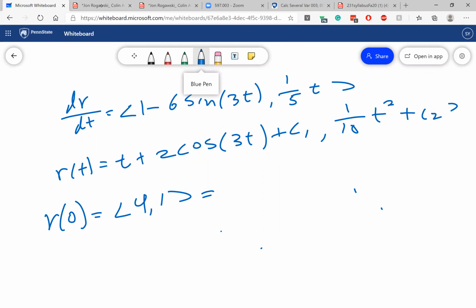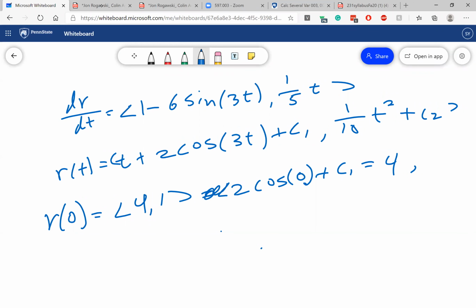If you plug a 0 into your t over here, you're going to get 2 times cosine of 0 plus C1, and that side is equal to 4.